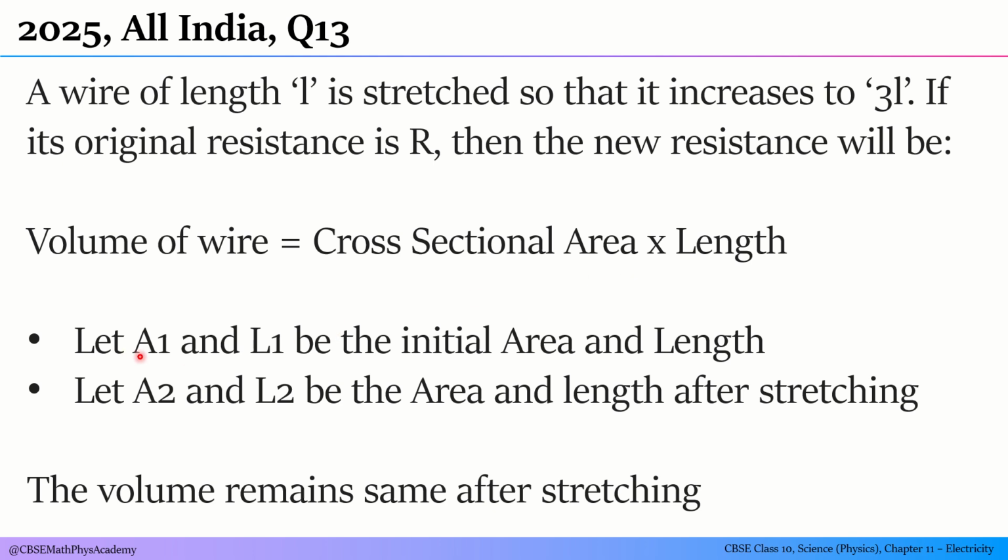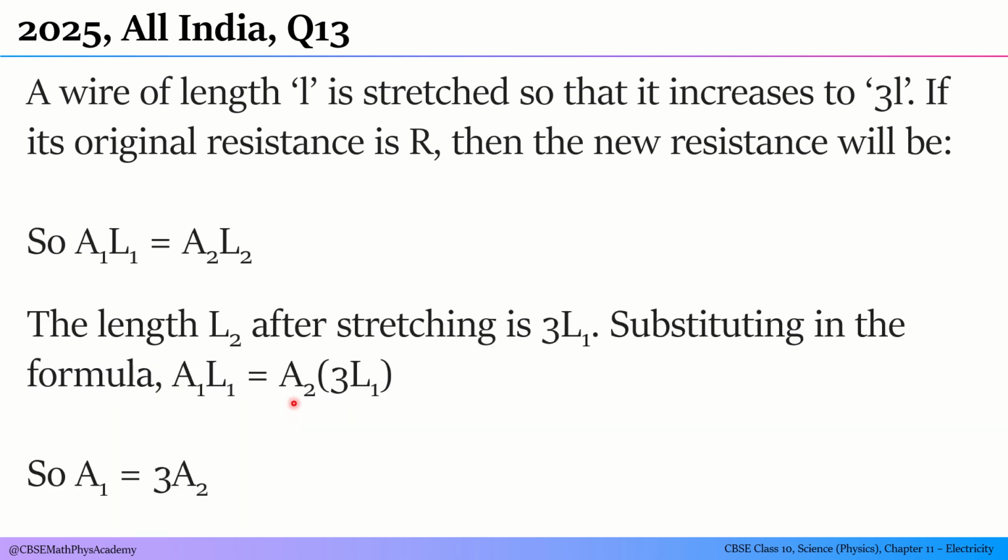Let A1 and L1 be the initial area and length, that is, before you stretch the wire. After stretching, we get A2 and L2. The volume is area 1 into length 1, and area 2 into length 2, which remains the same, as we just saw.